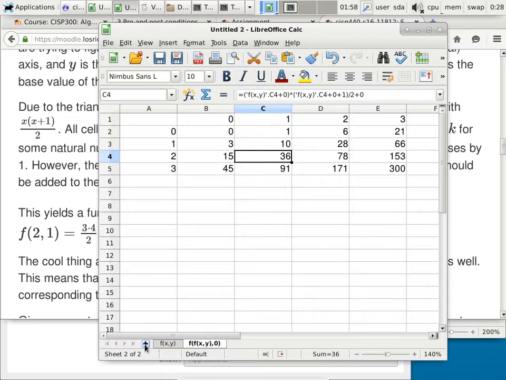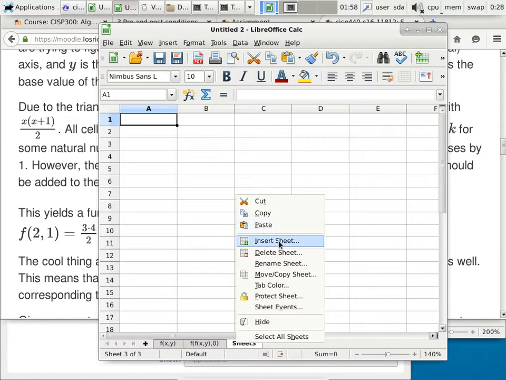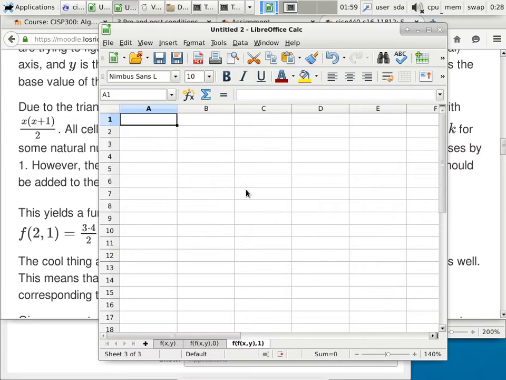If you want to do this one more time, we can go to sheet 3. It gets easier, because this one is just f of xy, and then comma 1. So z is basically 1 in this case.